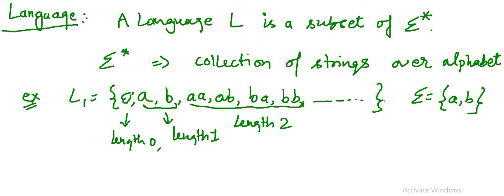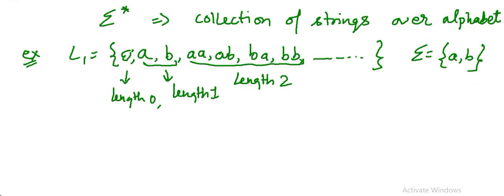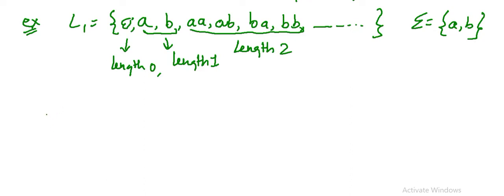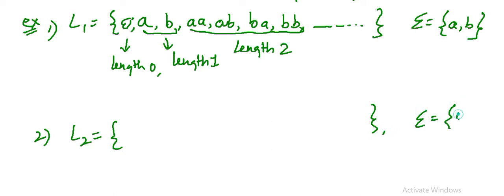That's why the definition of language is a collection of strings over some alphabet. Likewise, we can take another example, L2, a language over some alphabet 0, 1.